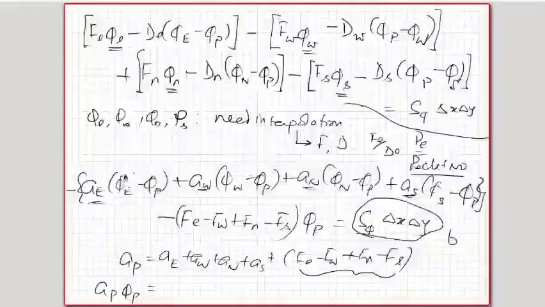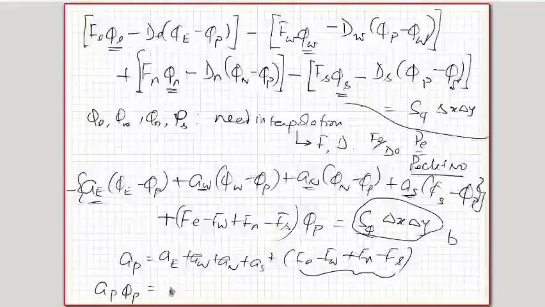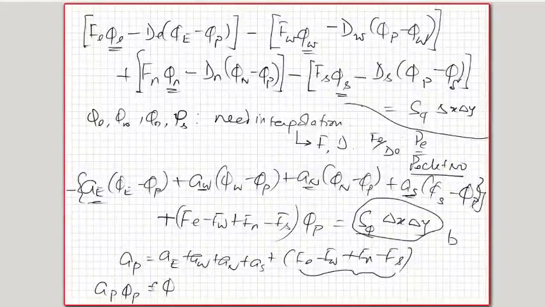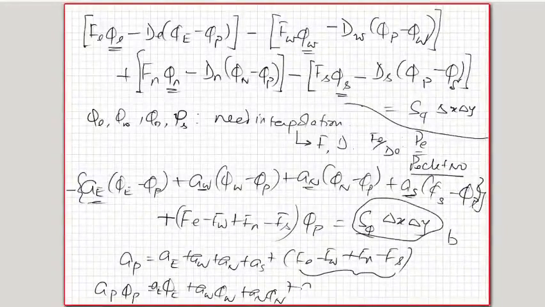It actually should have been phi P minus phi E, phi P minus phi W, phi P minus phi N, etc., and this should be plus. So then it becomes this. AP phi P is equal to, the other things go that side, AE phi E plus AW phi W plus AN phi N plus AS phi S plus B is the way the equation looks.